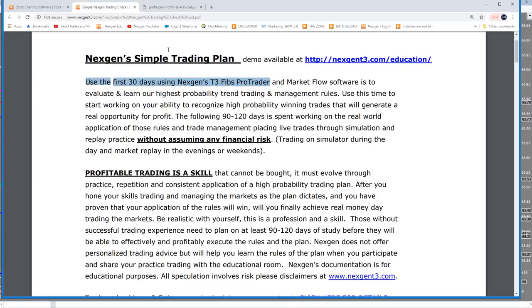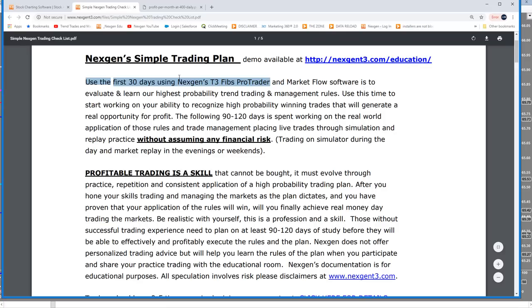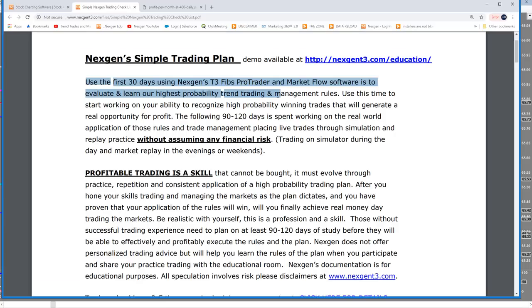Should I spend more time and money on this thing? Then once you get past the demo time, you're going to use the first 30 days doing what we're going to do today, which is understanding high probability rules and management for trend trades. Does everybody understand that?